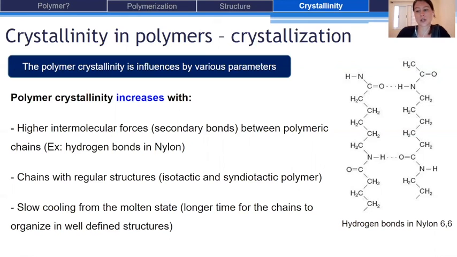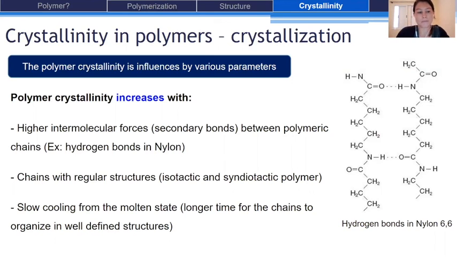Then talking about the configuration of polymers, the chains with a regular structure will crystallize more easily than others. So it is the case, for example, of isotactic and syndiotactic polymers that will crystallize, whereas some atactic polymers won't be able to crystallize. Then it will also depend on the processing parameters.